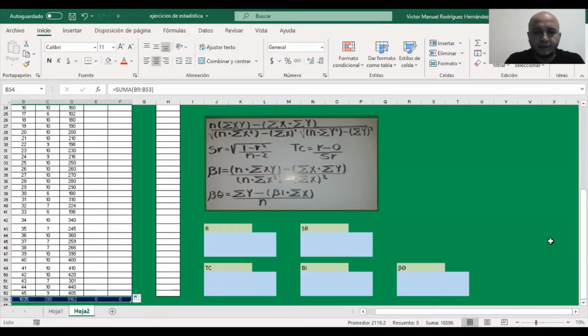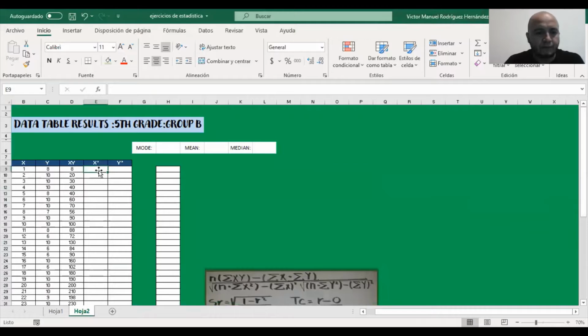To get the result. However, now we'll be working on x squared. To get x squared, we have to multiply x by x. So we multiply by itself, we get the result. If we double click here on the corner, you will automatically get the results.